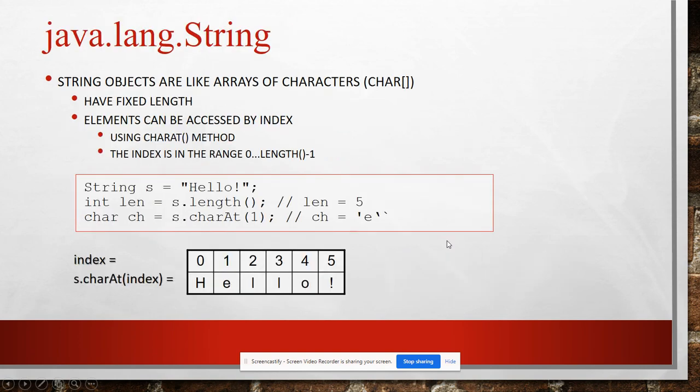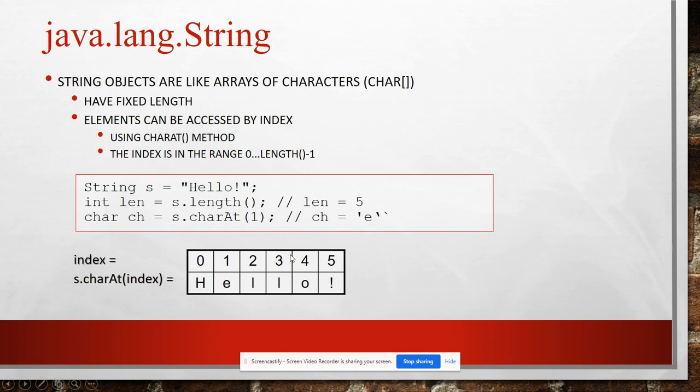Let's go further. It has a fixed length and it can be accessed by its indexes. We can see in the below snap we have methods. We have some methods of string like dot length or charAt. So by this we can fetch the character by passing the index.